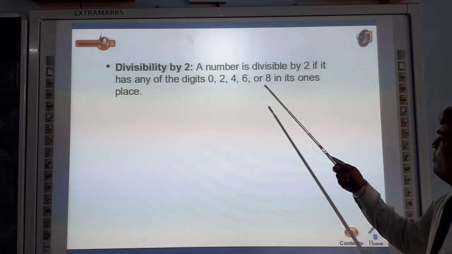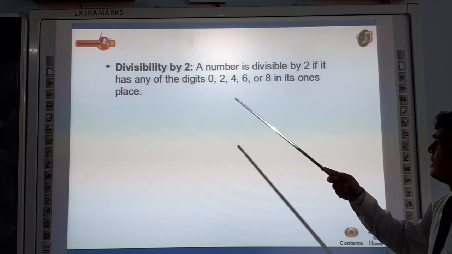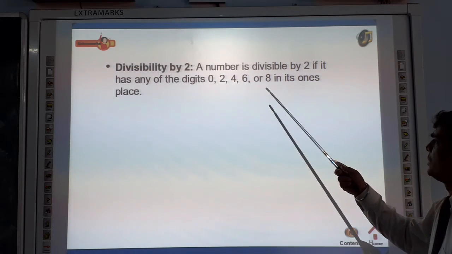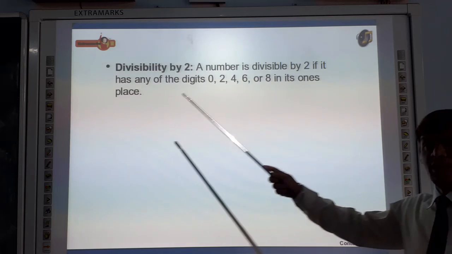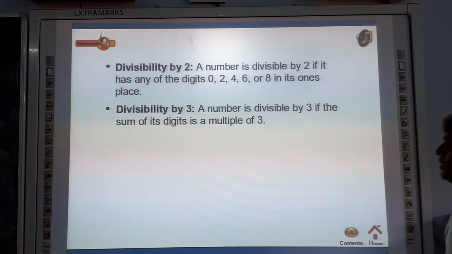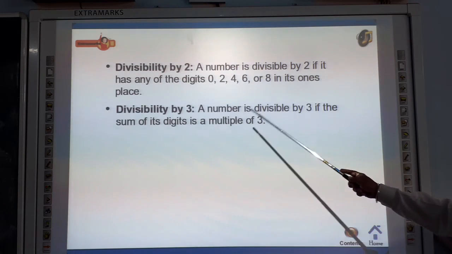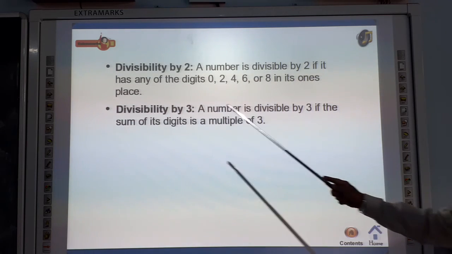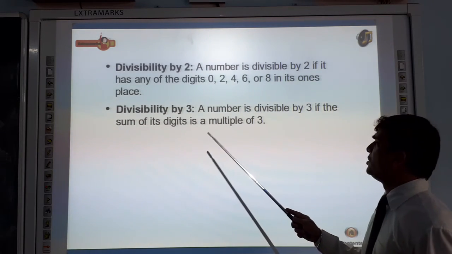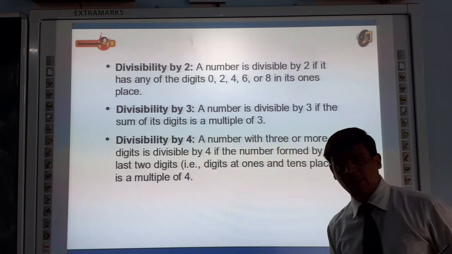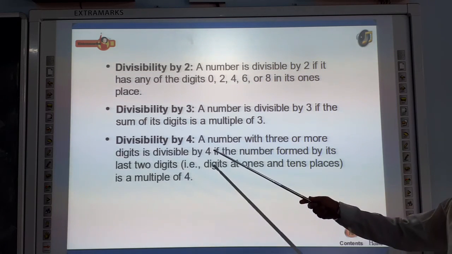Divisibility by 2. A number is divisible by 2 if it has any of the digits 0, 2, 4, 6, 8 in its ones place. Divisibility by 3. A number is divisible by 3 if the sum of its digits is a multiple of 3. Divisibility by 4.